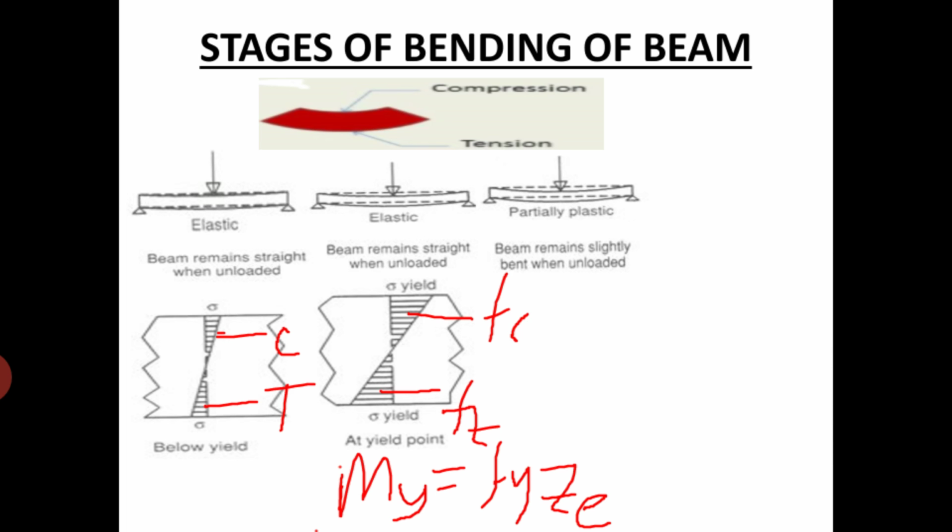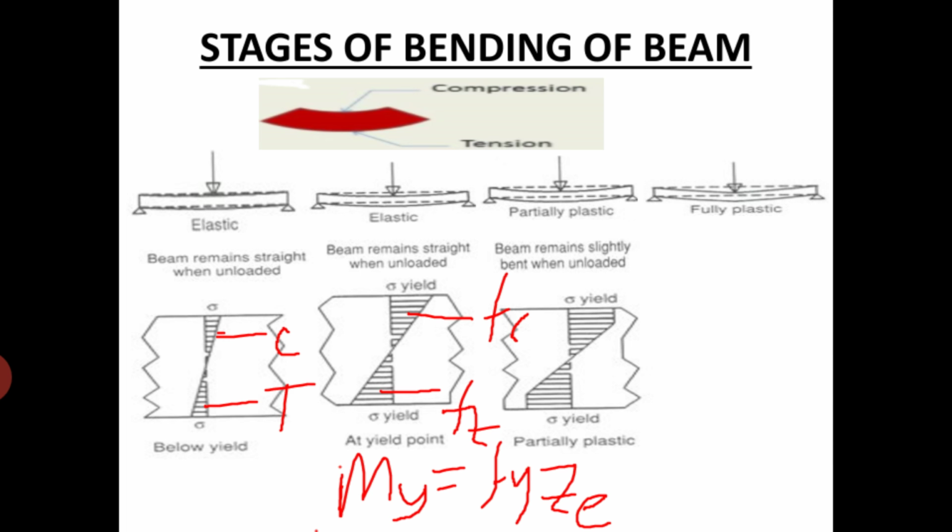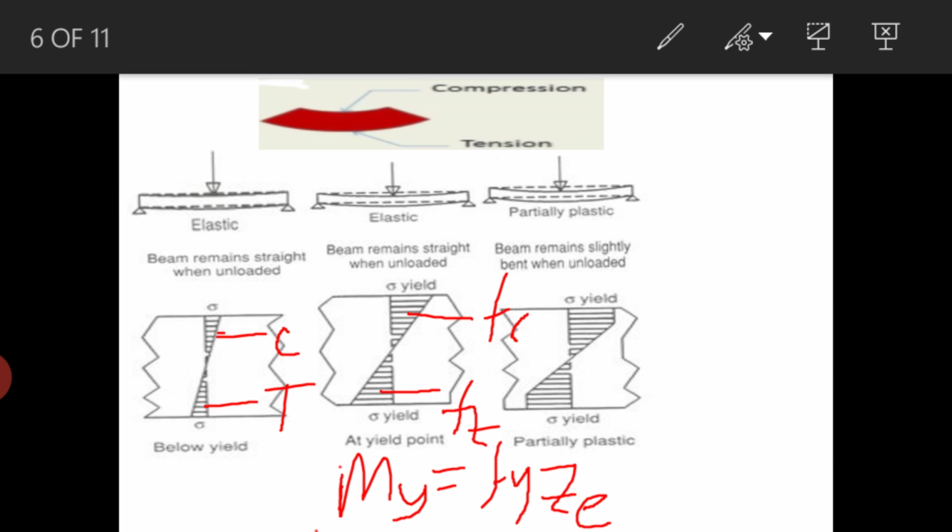Because of the yielding, the beam remains slightly bent when unloaded, and the yield gets penetrated, so you can see here in this figure. I'm marking this part. Let us call this part E. Here also this part.